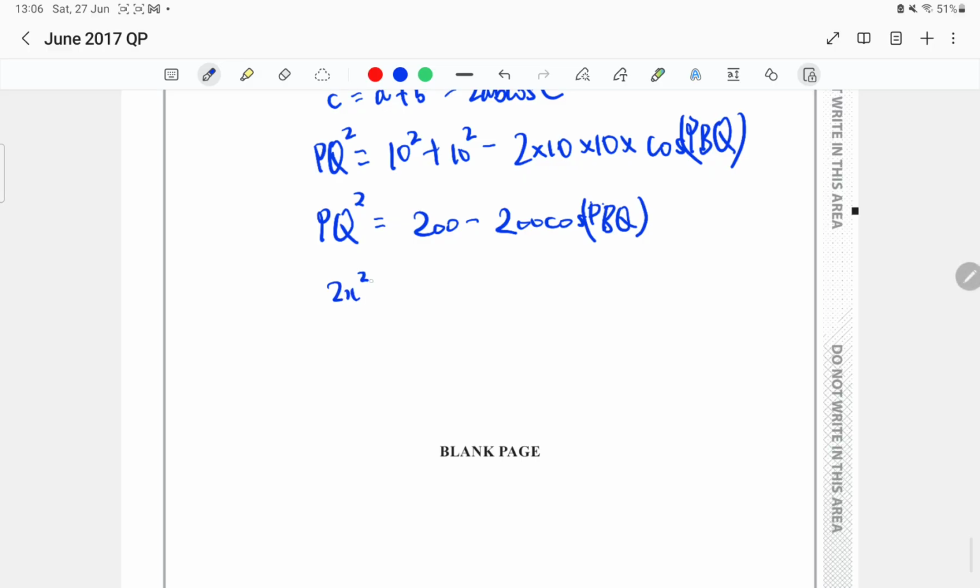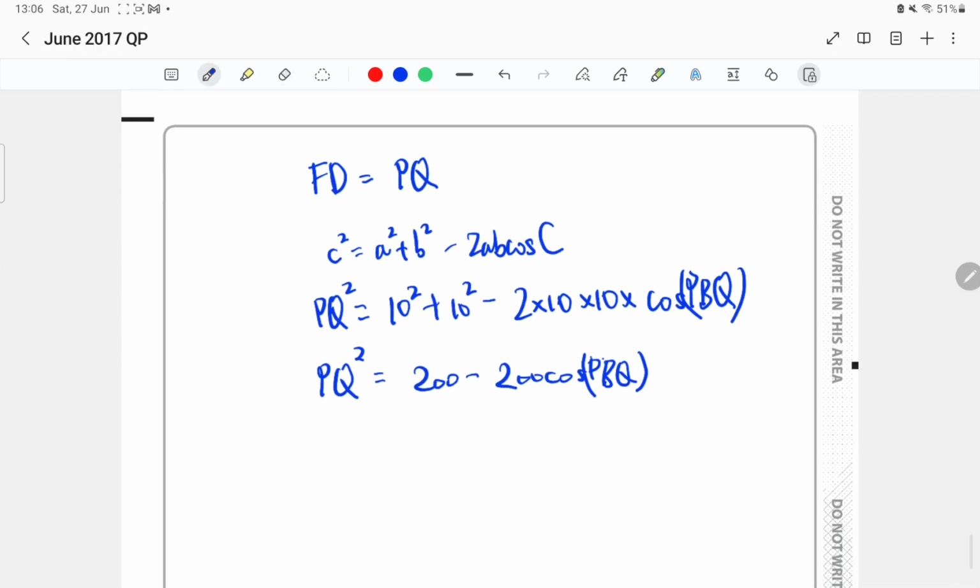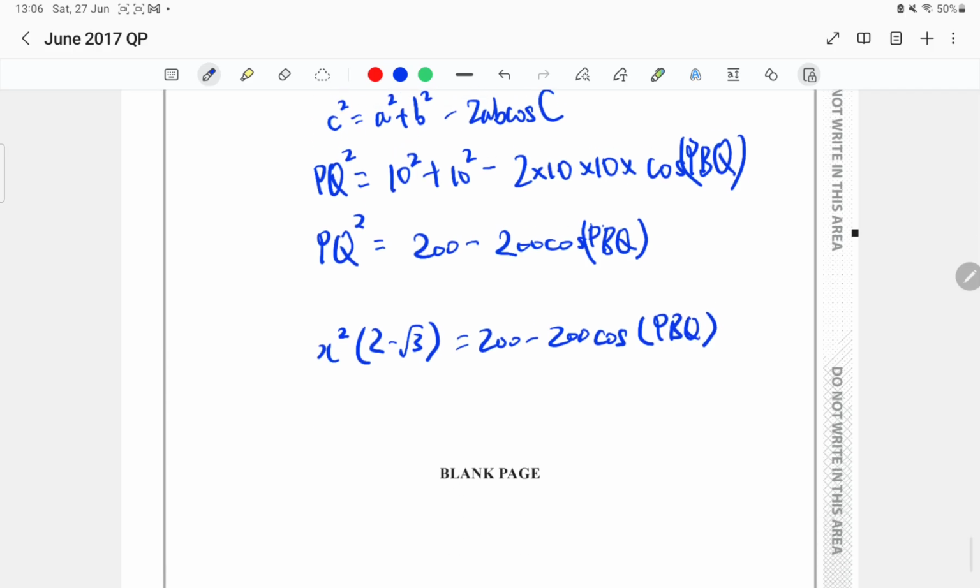So x squared times 2 minus root 3 equals 200 minus 200 cos PBQ. Okay, so let's add 200 cos PBQ on both sides. So x squared times 2 minus root 3 plus 200 cos PBQ equals 200.